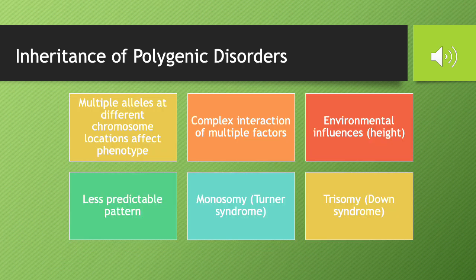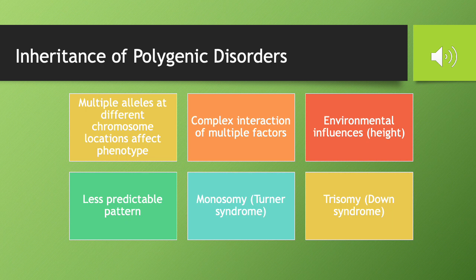So when we talk about the inheritance of polygenic disorders, and that could either be single genetic issues or multiple genetic issues at the chromosome level, we have 6 different areas that we look at. It could be a complex interaction of multiple factors, so it doesn't point to one issue.